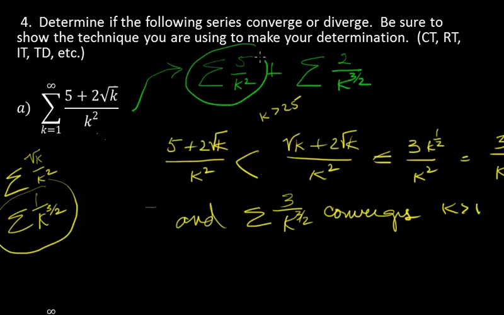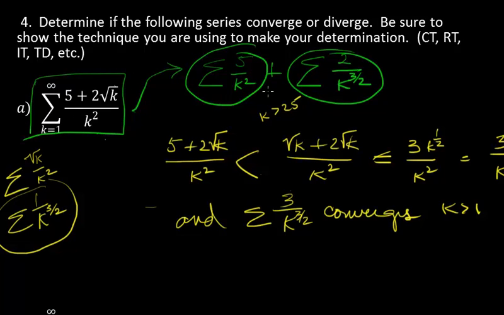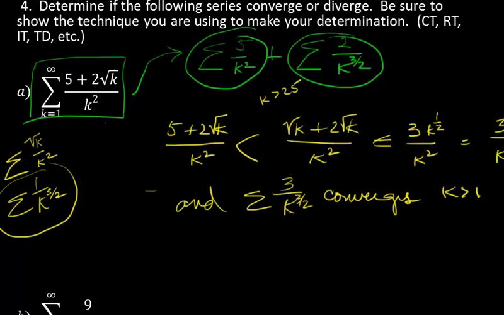Now, since both of these series are convergent p-series, we can split this up into the sum of these two series. They both converge, so we know that the one that we started with converges. That's definitely the easiest way to do this one.